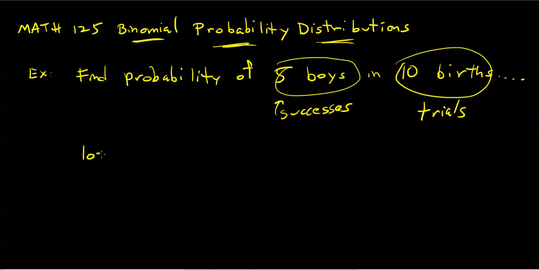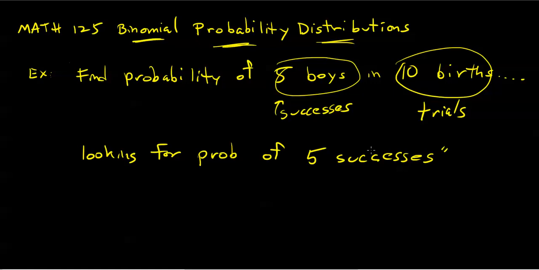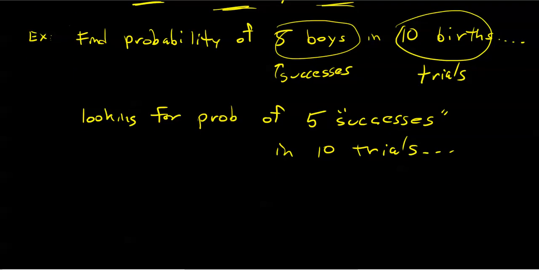So we're looking for the probability here of 5 successes, and the labeling of success is somewhat arbitrary, in 10 trials. As we saw, listing out the sample space for this many trials is very cumbersome. The binomial probability distribution formula gives us a quick and easy way to calculate these binomial probabilities.